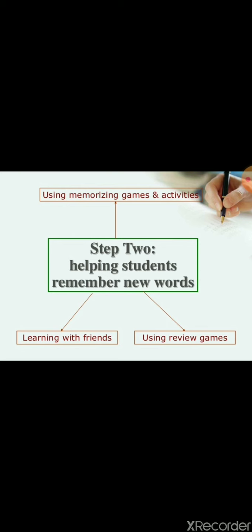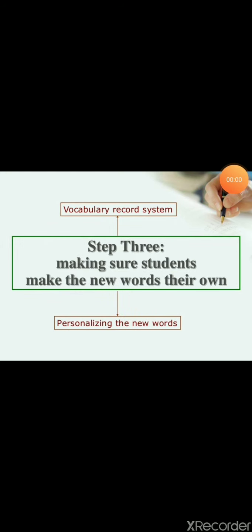So learning with friends, using review games. Whatever movie you have seen, please pen down a review. While writing the review, you will find the words which we need to write a review for a product, for a service, for anything. Okay, it goes like that. Third step here, vocabulary record system. Making sure students make the new words their own.